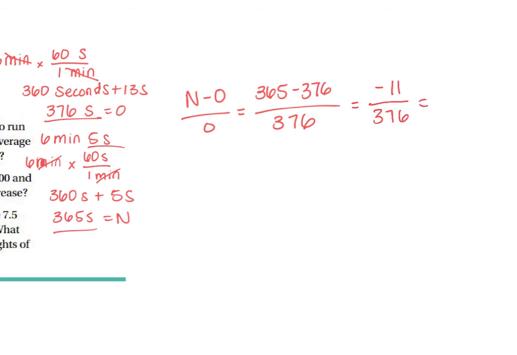Divide by 376, and we get negative 0.029. If we move that decimal over 2 spaces, we get negative 2.9%, which is the same as a 2.9% decrease. And we can always check our answers.